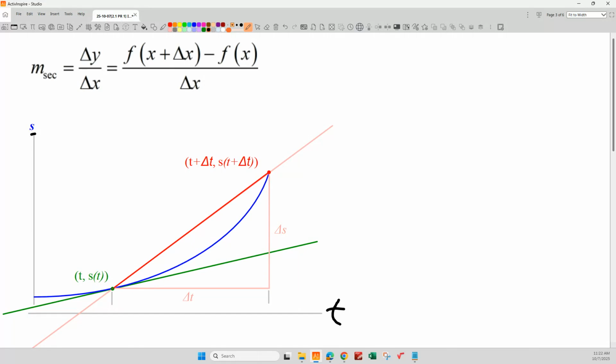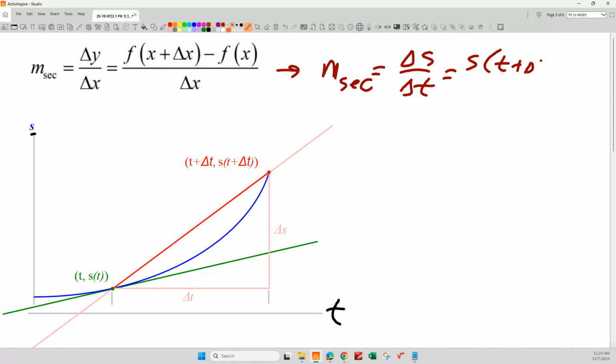Instead of having x's and y's, for us now, the slope of the secant line is going to be delta s over delta t, right? So it's going to be s of t plus delta t minus s of t over delta t.